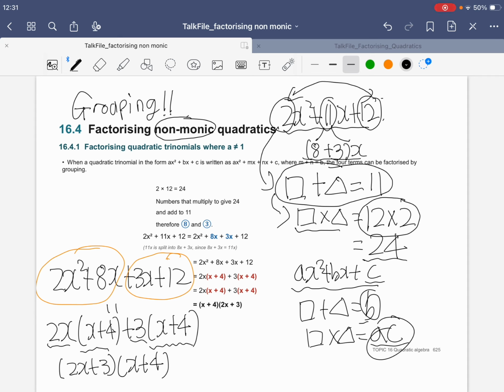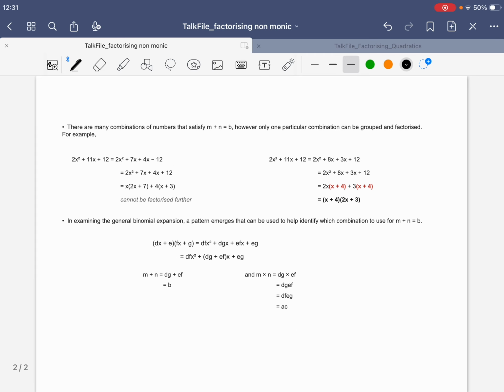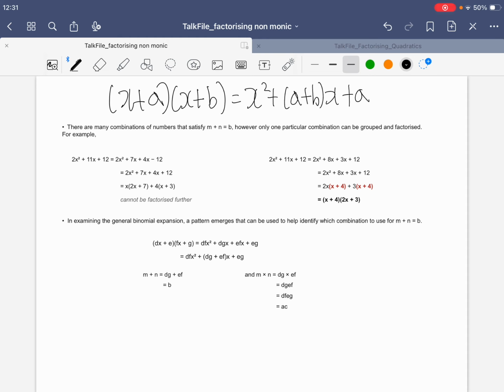So I think that's why in the last video I explained why we want to find a pair of numbers that add up to b and multiply to c by just expanding. I expanded these generalized brackets, and then you got x squared plus (a plus b)x plus c, ab.